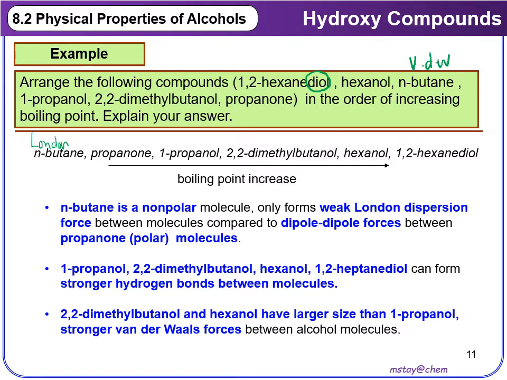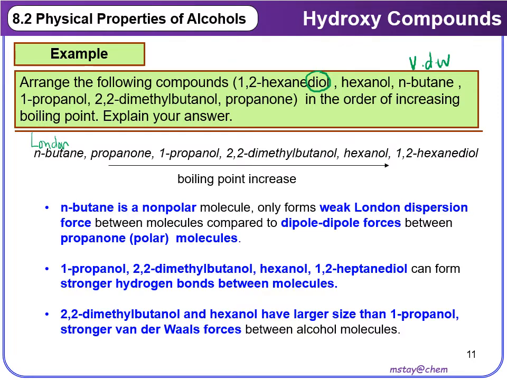carbonyl compound. So propanol is one example of a carbonyl compound. However, the boiling point of propanol is higher than N-butane because of the intermolecular force between the propanol molecules.